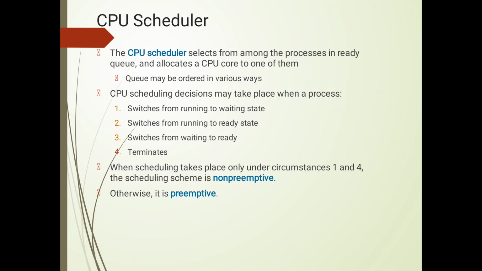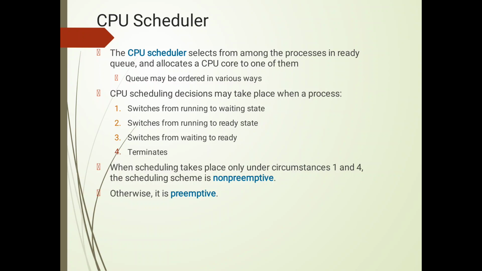CPU scheduler: the CPU scheduler selects from among the processes in the ready queue and allocates a CPU core to one of them. The queue may be ordered in various ways.